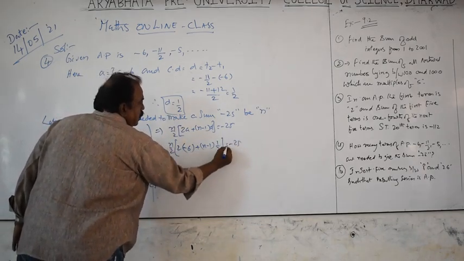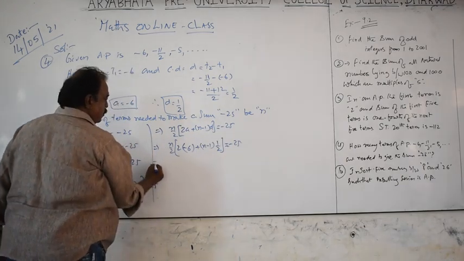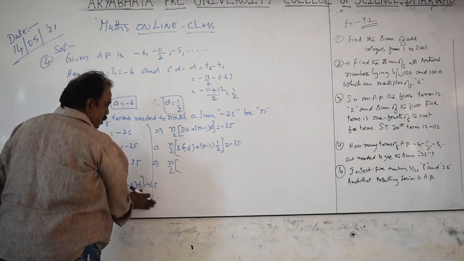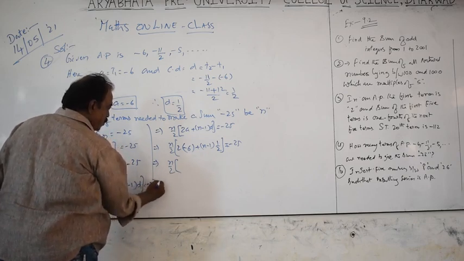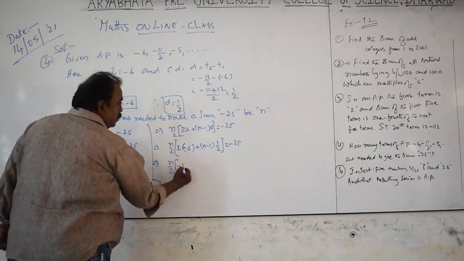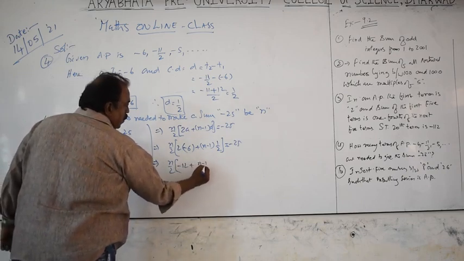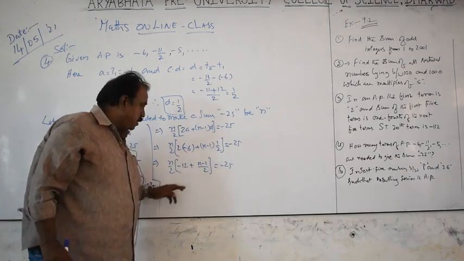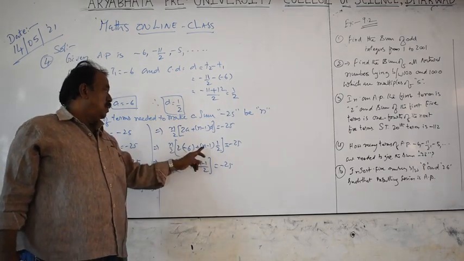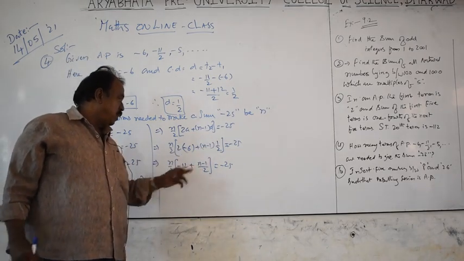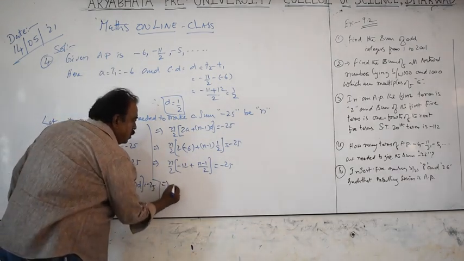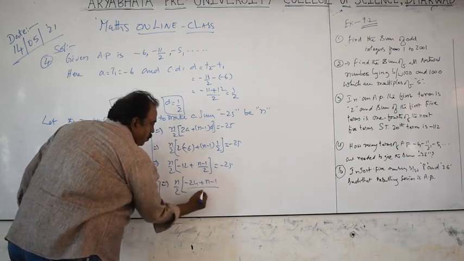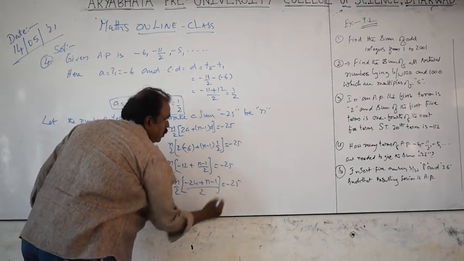I am substituting here. It is minus 12. N minus 1 into 1 by 2 means n minus 1 by 2. Don't confuse, it is arithmetic. So n by 2 of minus 12 plus n minus 1 by 2 is equal to minus 25.